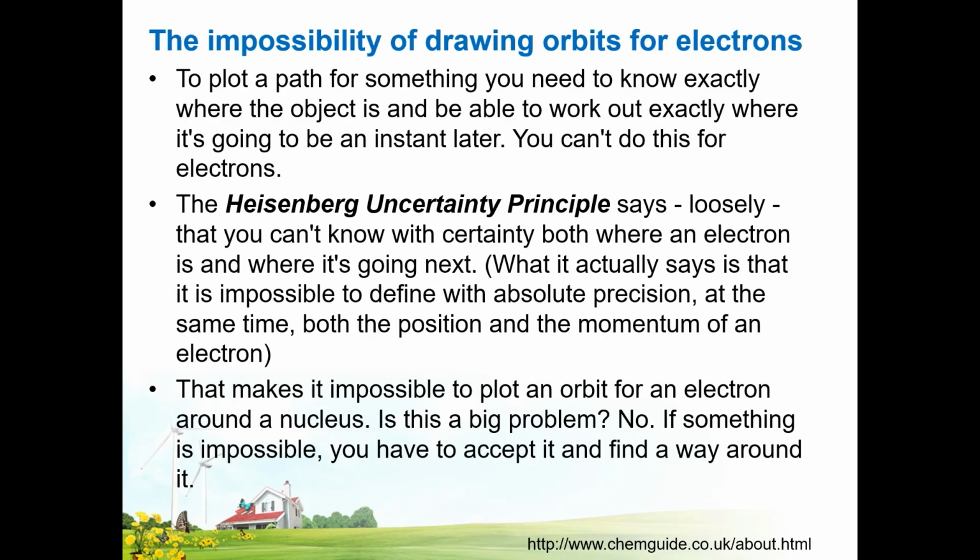It is actually impossible to draw the orbits for an electron because the Heisenberg uncertainty principle says that you cannot know with certainty both where an electron is and where it's going to be next. That makes it impossible to plot an orbit for an electron around a nucleus.